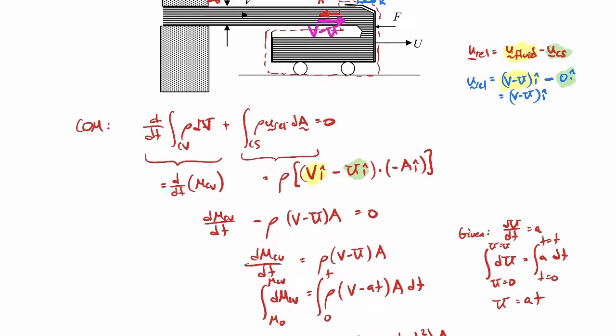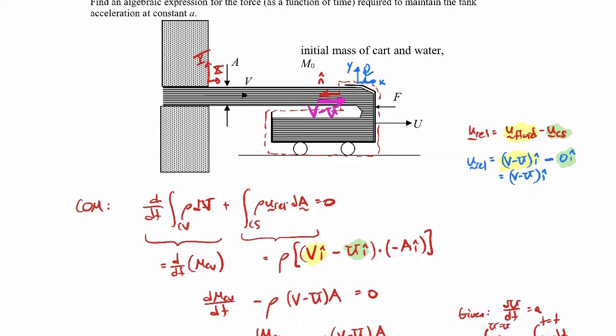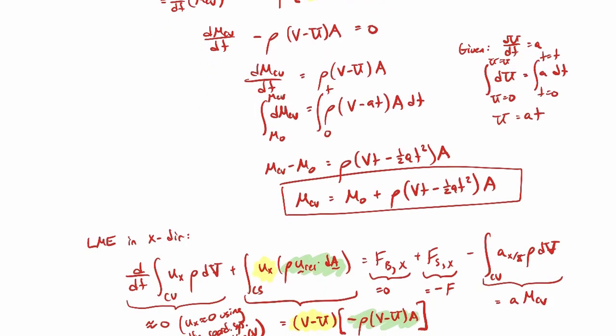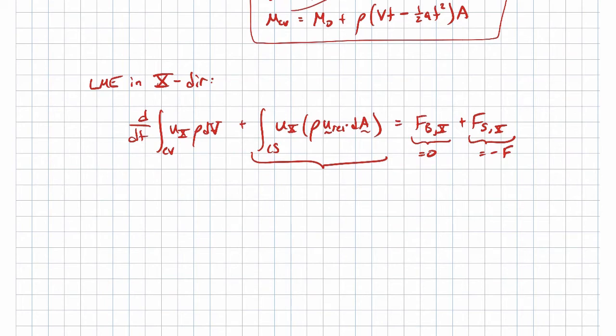So when I come back up to the picture, the velocity of the fluid as it crosses our control surface using that coordinate system is just v. It's just the velocity that it's going. This is not a relative velocity. This is just the velocity of the fluid using our coordinate system as it crosses the control surface. So it's just v in the positive x direction. So again, this is our u x term.